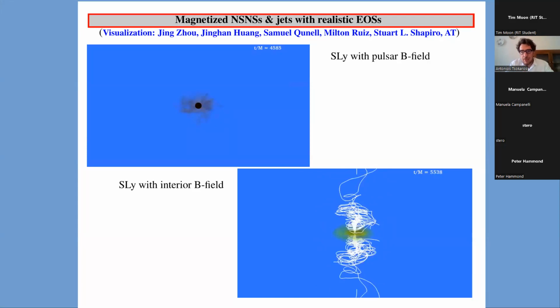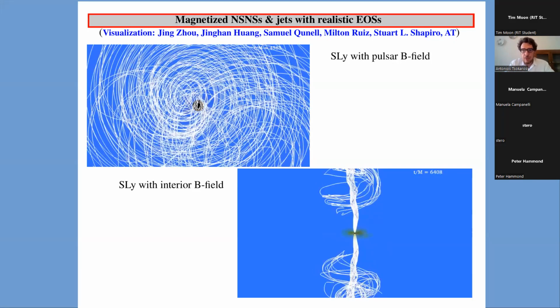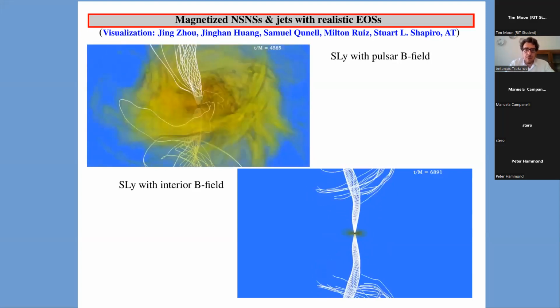So now it starts evolving around 400 M, and it will continue all the way up to the computational domain essentially of our simulations.